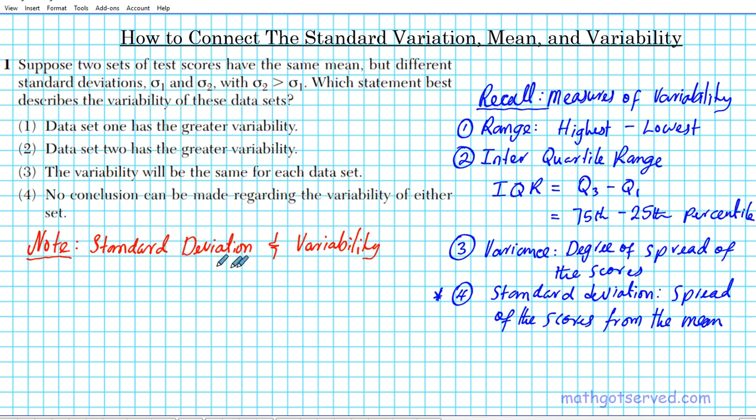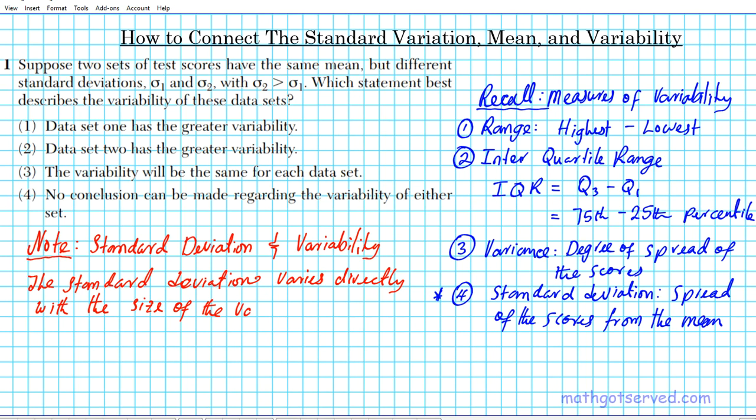They vary directly with each other. So what does that mean? The standard deviation varies directly with the size of the variability.